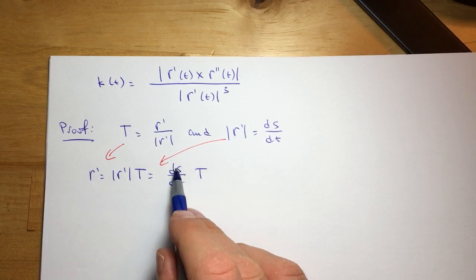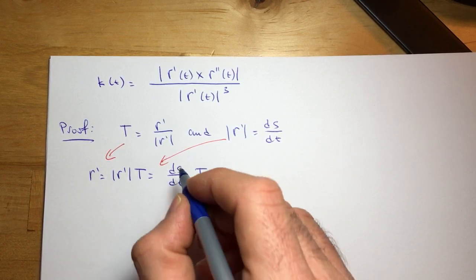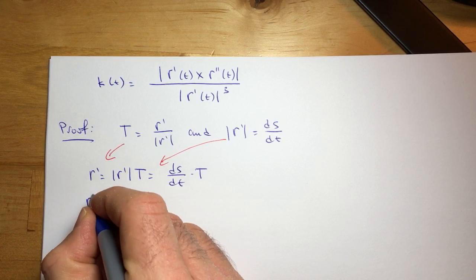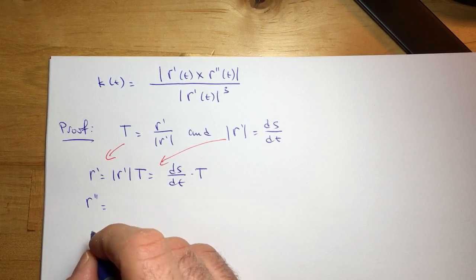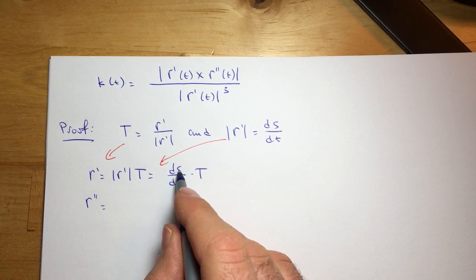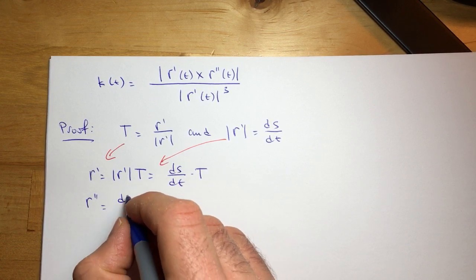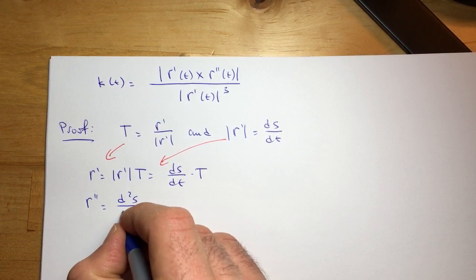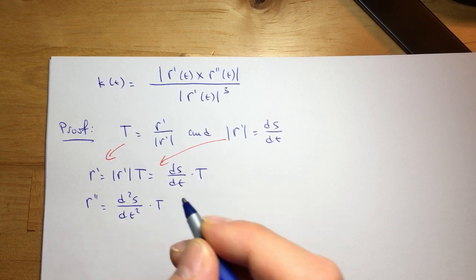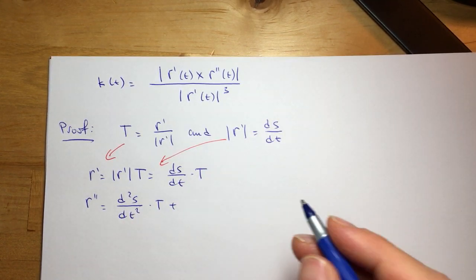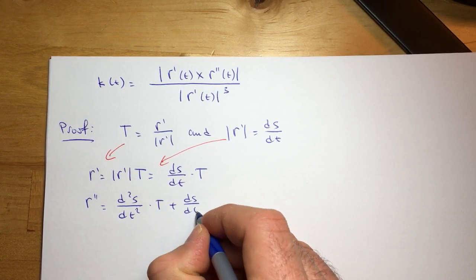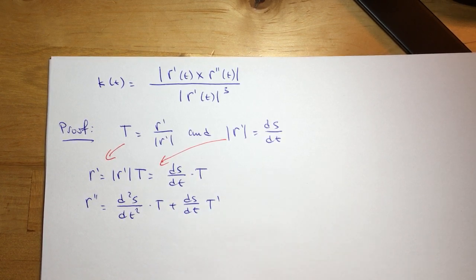Then the second derivative is going to be equal to the second derivative of s with respect to t times T, plus, using the product rule, ds/dt times T prime.